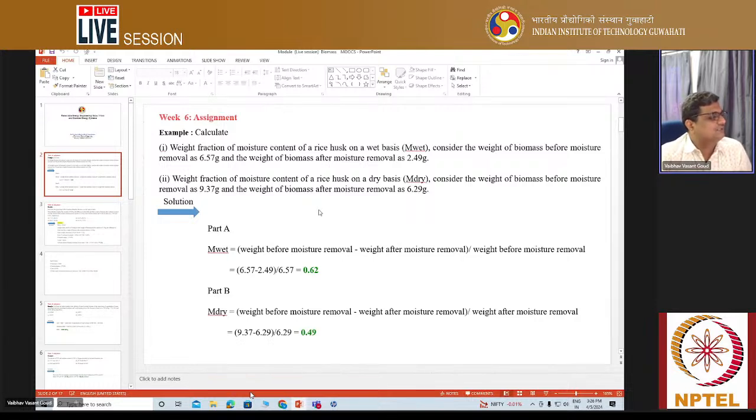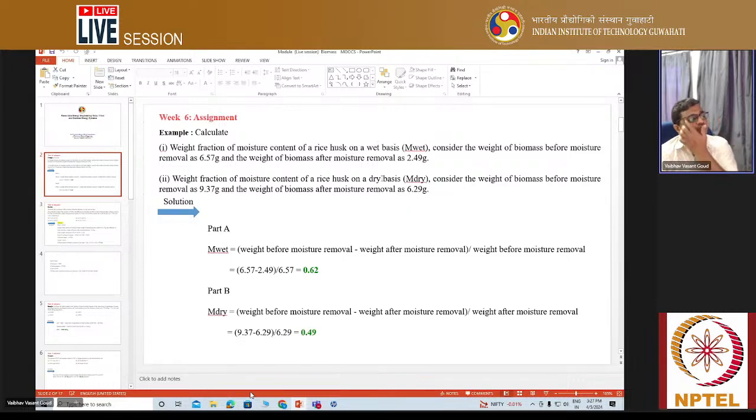The examples are not very critical here. In the first assignment, there was one example related to the calculation of the weight fraction of the moisture content, that is, on the wet basis and the dry basis.